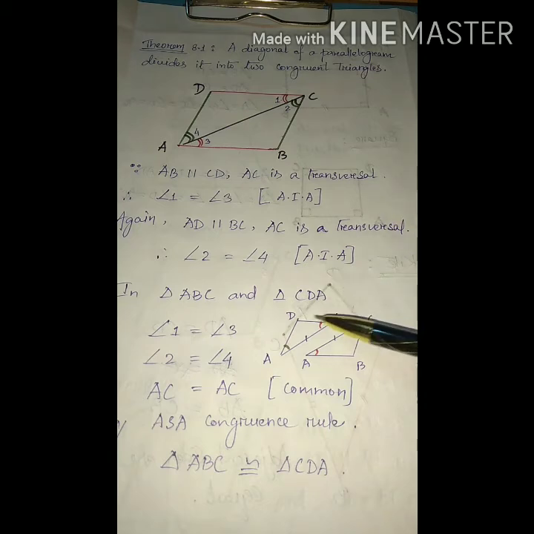You see the red angles are 1 and 3, so we write 1 equal to 3, 2 equal to 4. Then in both triangles, AC is common. Here AC is here, and here also AC is here. So AC equals AC, we write common.